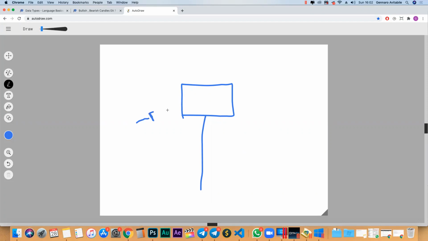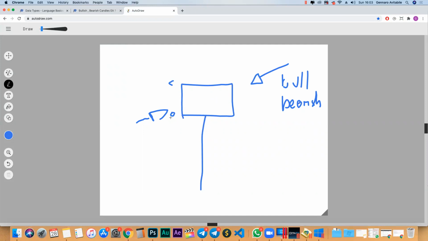So this could be the open and this could be the close. The first thing we need to do is identify if this candle is bullish or bearish, and this is going to be helpful. If it's bearish, we do a different type of calculation than if it's bullish, because the open and close are different.